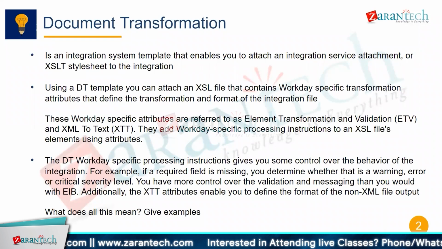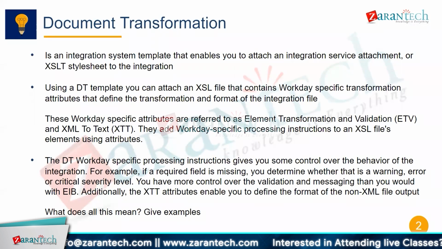So basically, you can set it up so that if a required field, such as the date of birth or the gender or the employee management level type, is missing within your data set, you can determine the outcome. A warning would be just a warning and it will continue with the integration.